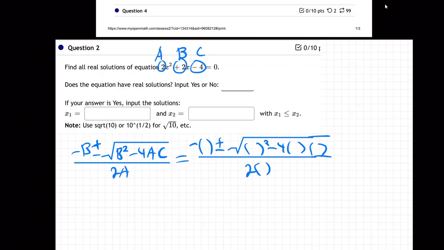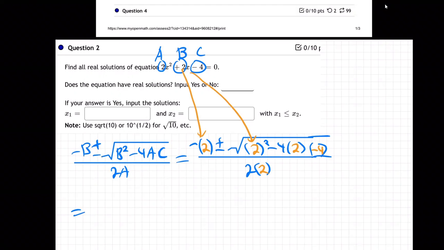So let me plug them in. Negative b plus or minus the square root of b squared. So I'm just plugging in the b here. Minus 4 times a times c, which a is 2, times c, which is negative 4, all over 2a, like that. So you just plug them in and then work it out.